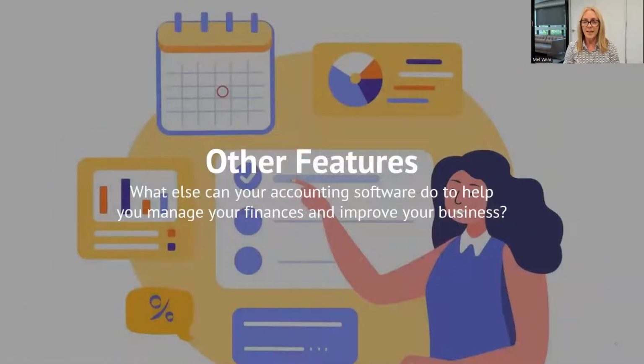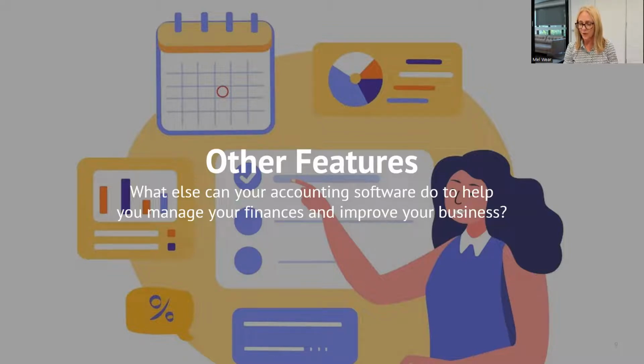Okay, so the next area that I wanted to talk about was other features. So having a look at what else your accounting software can do to help you manage your finances and improve your business. Modern software can provide you with up-to-date reports that will help you manage your business better. The profit and loss report is a favourite of mine, and that can be customised to your needs.